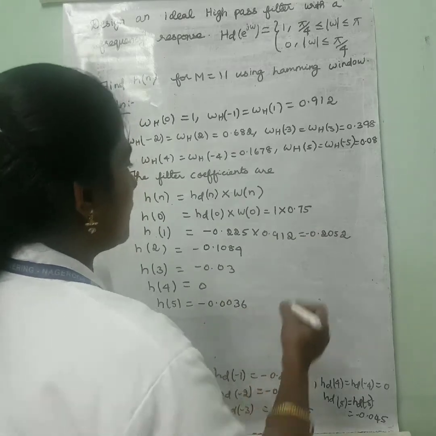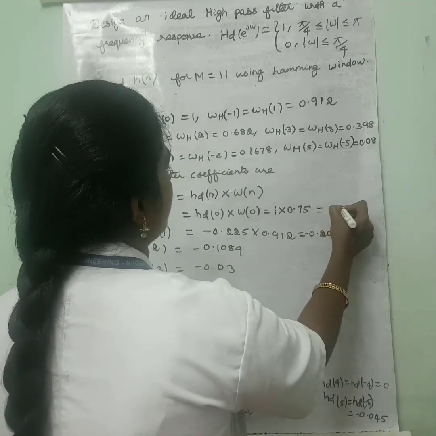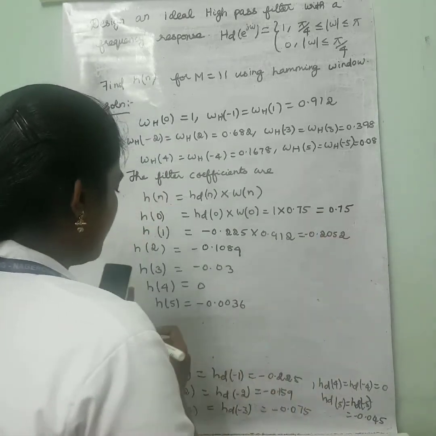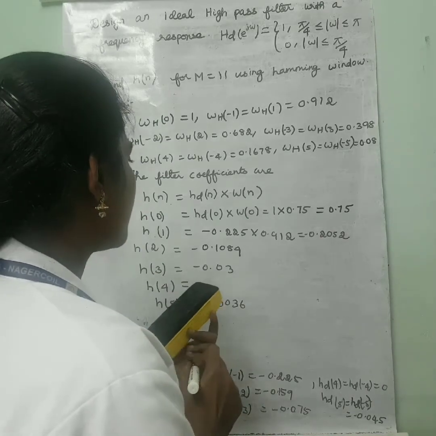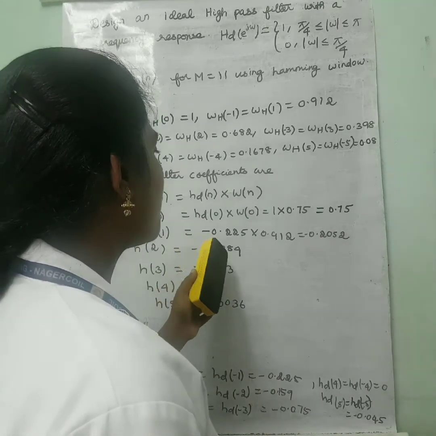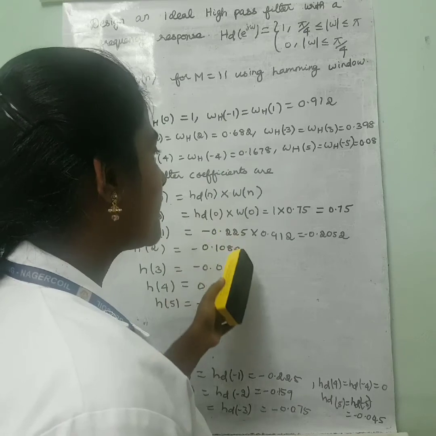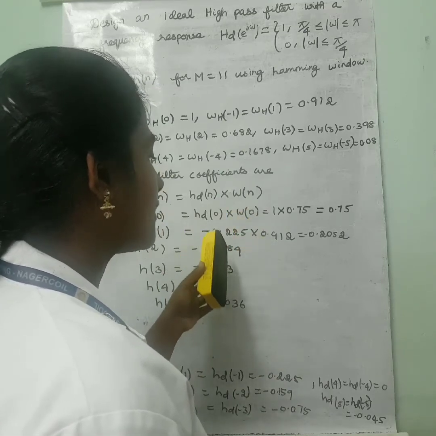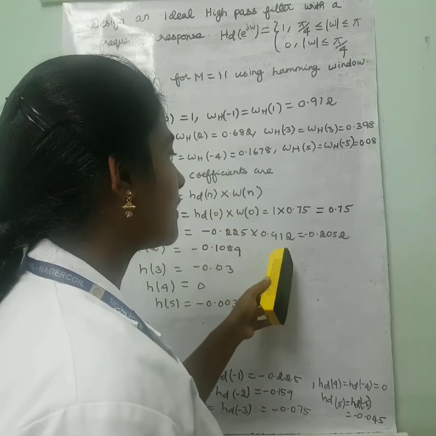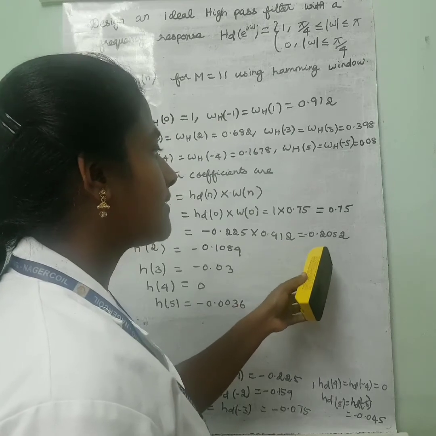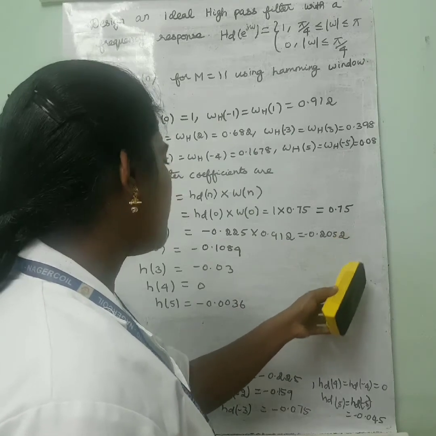which is 0.75. And h of 1 is hd of 1 into w of 1, that is minus 0.225 into 0.912, that is minus 0.2052.